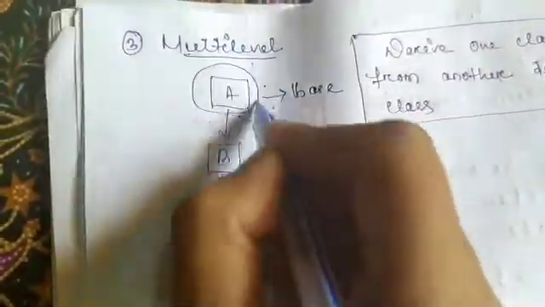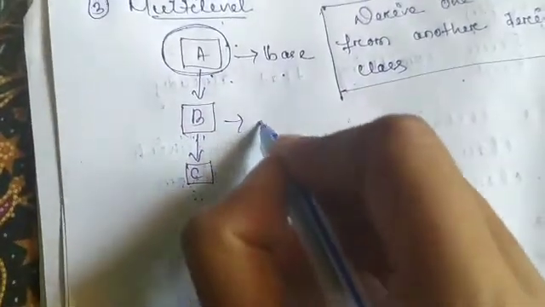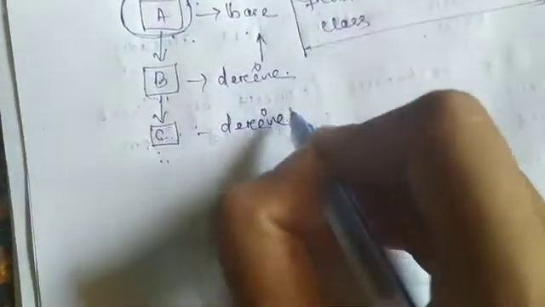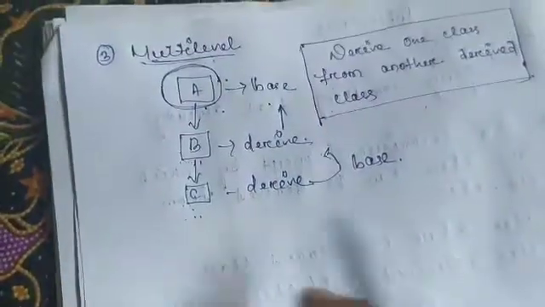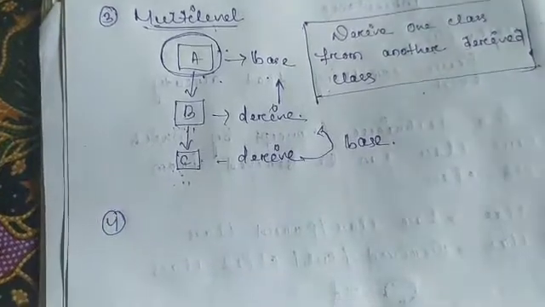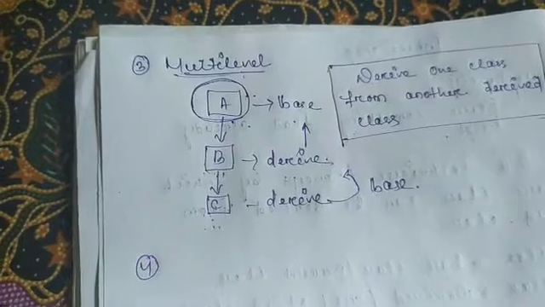This one is not a derived class, it is the base class, but this one is a derived class, and this one is also a derived class. This derived class is for this base class, and for this derived class this is the base class. This type of inheritance is called multi-level inheritance. You will see the examples later through the programs.